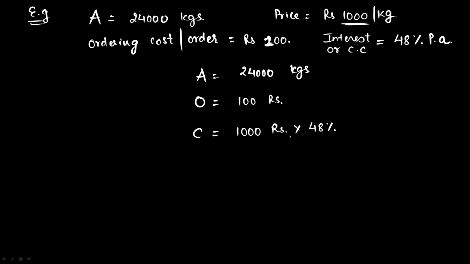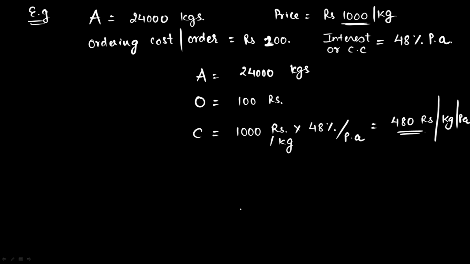What is 48% per annum of 1000 rupees? 480 rupees per kg per annum. Instead of unit it will be kgs. So C will be 480.